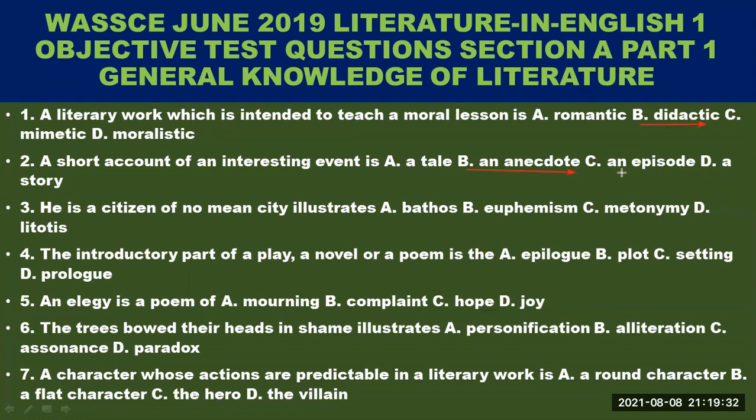Now, an episode is an account of an event, but it is part of a series of events, when you have a series of episodes that make up a particular story. All right. A story is an account of events, but when we talk of an anecdote, it's really a short account of an interesting event.